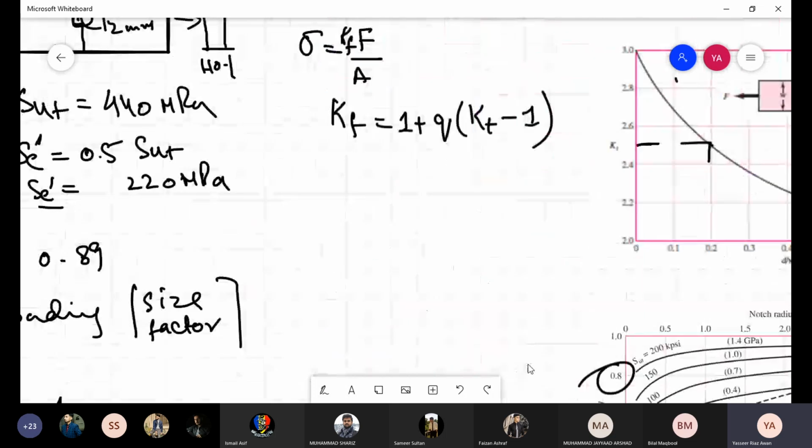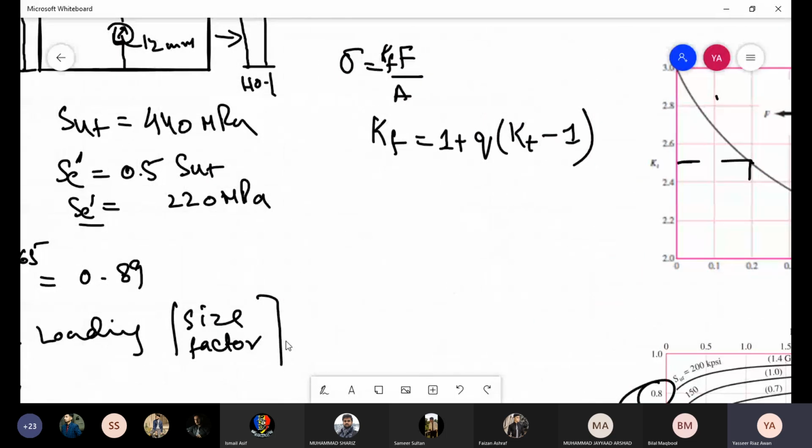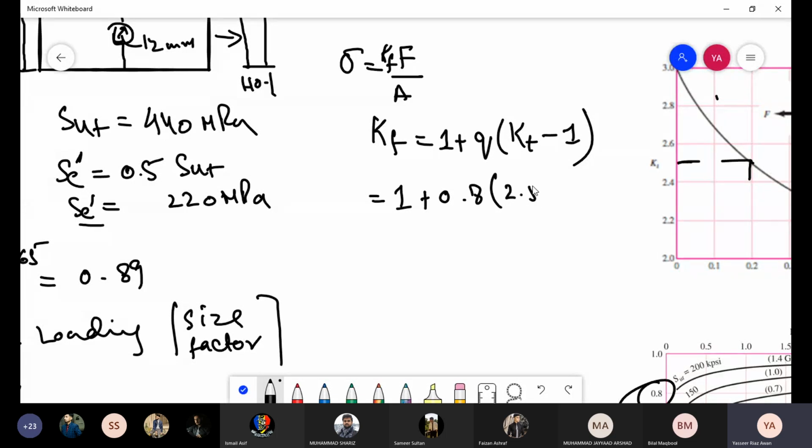So that would mean that our this factor reduces to 2.2. So this is still a significant effect, but it reduces somewhat.